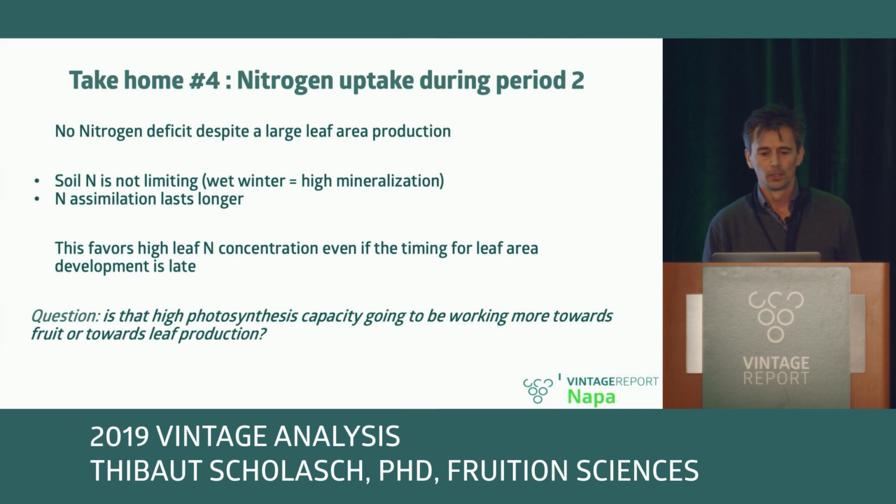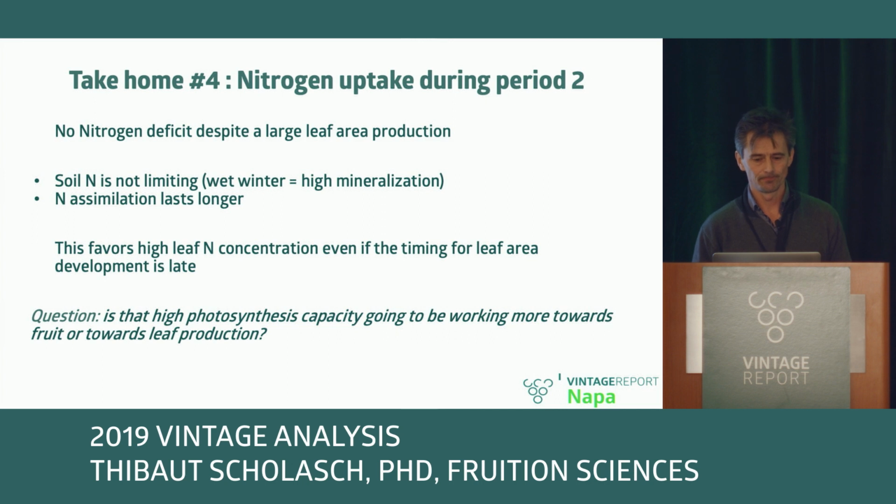That leads me not only to the fourth take-home, but also to a very important question. Okay, we have a large leaf area. It takes time to develop. This leaf area is boosted with nitrogen, and we know that it's a consequence of the nitrogen conditions at the soil level.